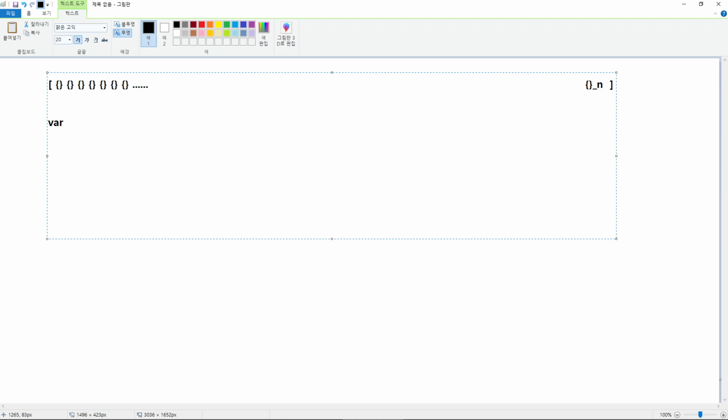So each entity would be a variable with its own name. I know it sounds silly. And this entity would be a dictionary.